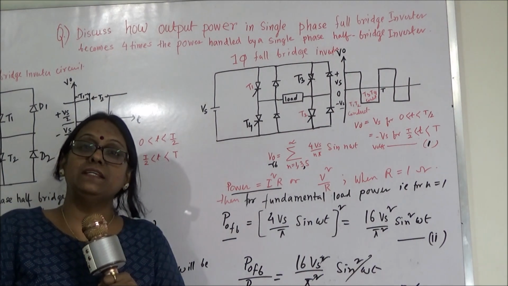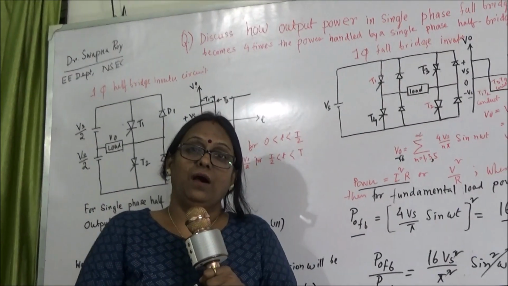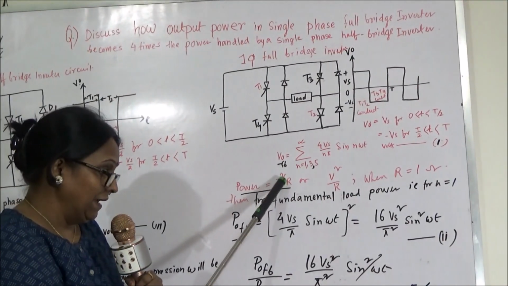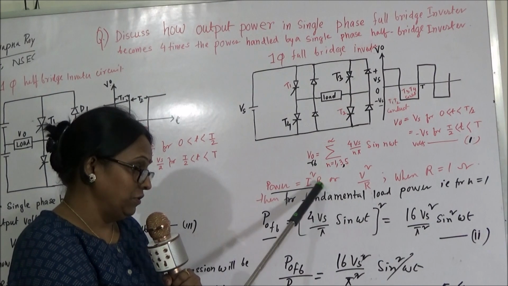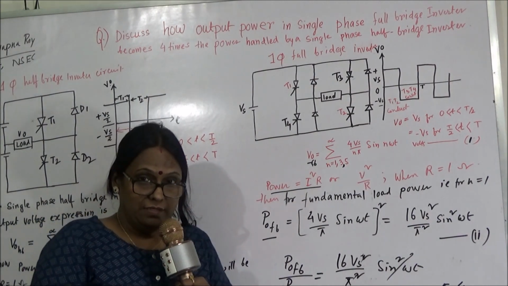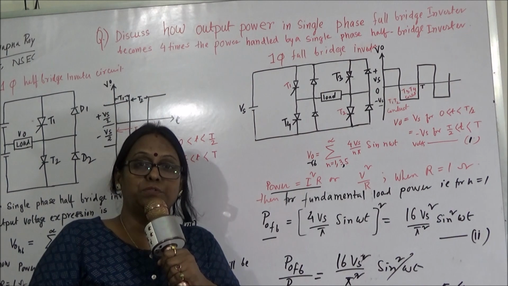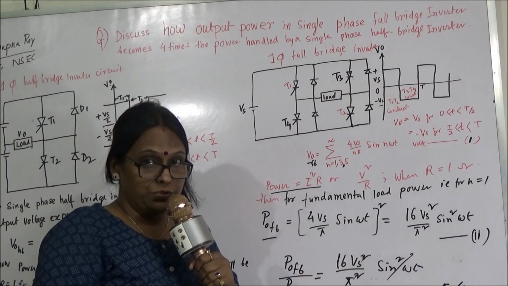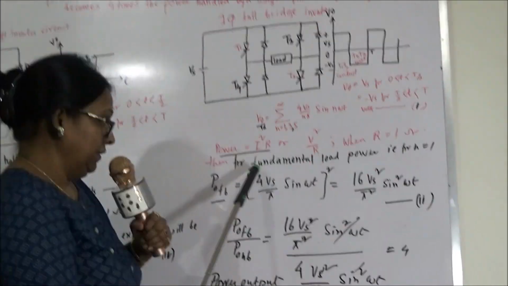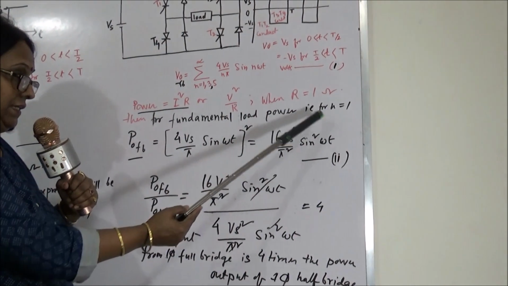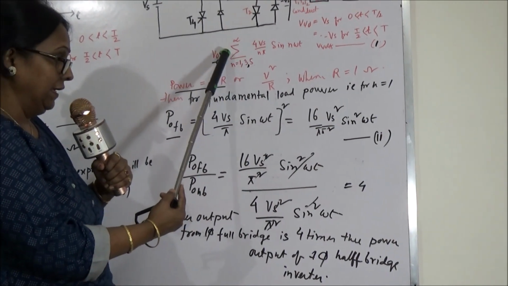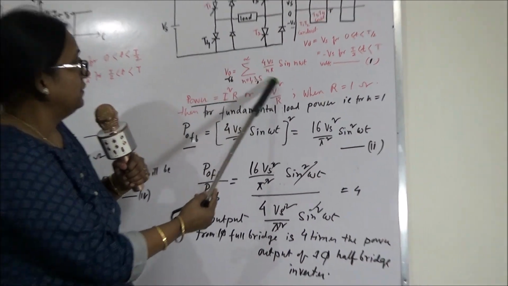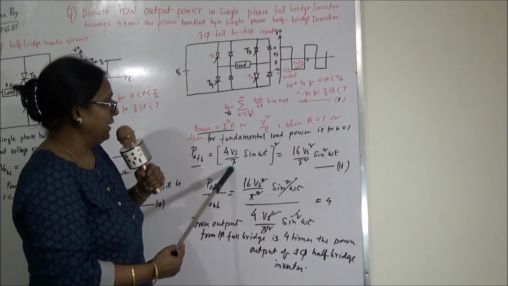And we know power is I square R, or putting the value of I equal to V by R, it will be V square by R. Now just consider the resistance connected to it is 1 ohm, that is, load R is equal to 1 ohm. For the fundamental load power, that is for n equal to 1, I can write the expression of power as the square of 4 Vs by pi sine omega t.